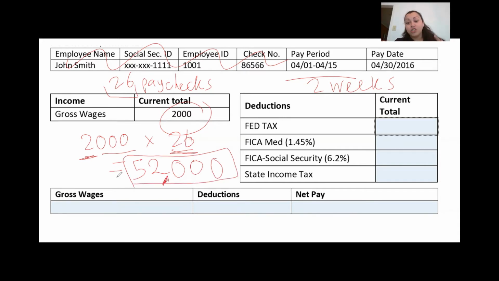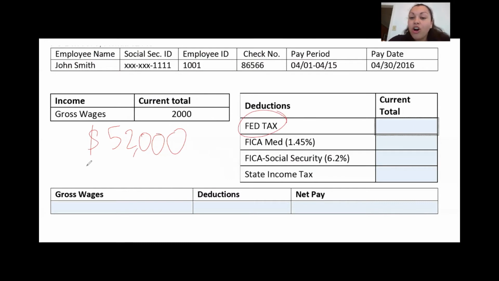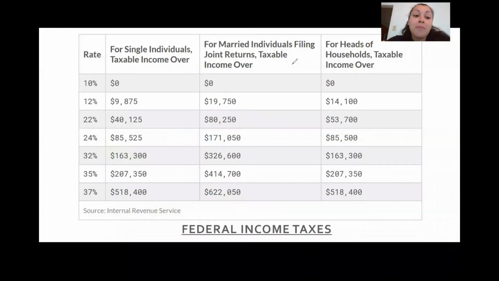So let's see, once we take out federal taxes, state taxes, and then Medicare and Social Security, how much they'll end up with actually after all of this. So federal taxes are set based on your income. So if that person is making $52,000, let's say they were single, they're still in this 22% tax bracket.